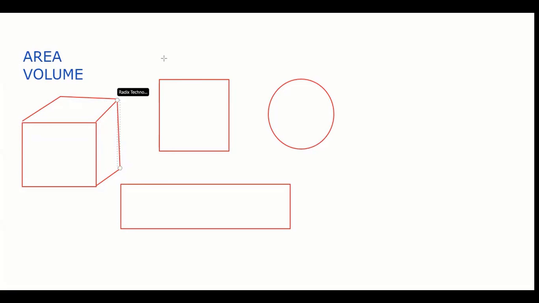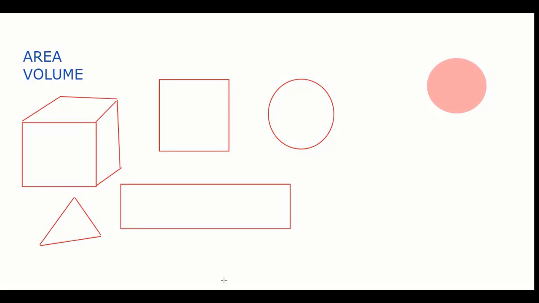A sphere is more about circular but in three dimensions, right? A ball is an example of that. Or we can have a triangular shape. There are different shapes. We have volume, we have areas. A 3D shape has volume. Volume means capacity, how much it can hold. Area is the enclosed region.